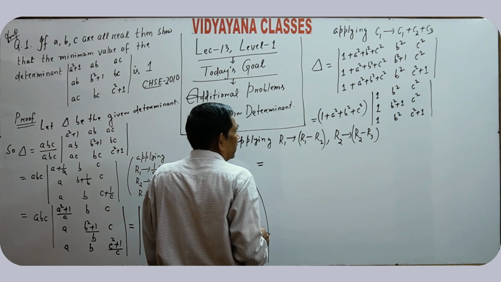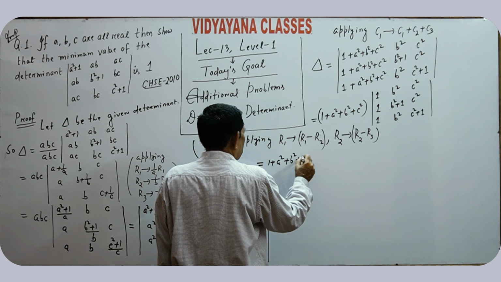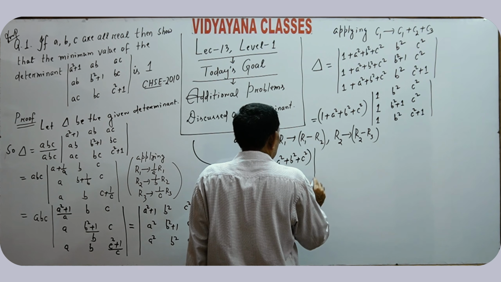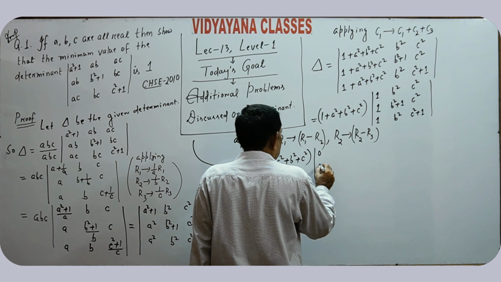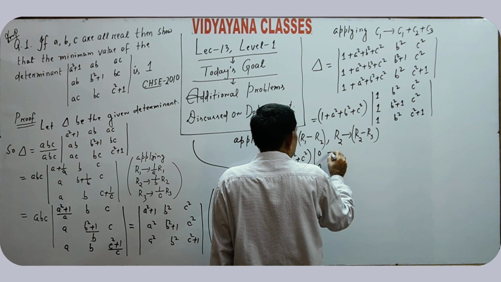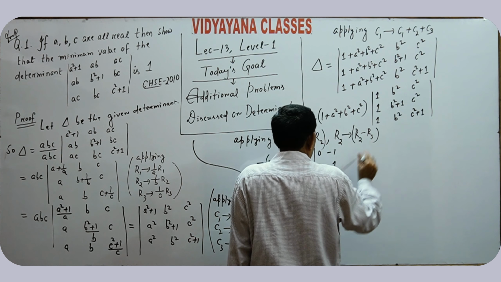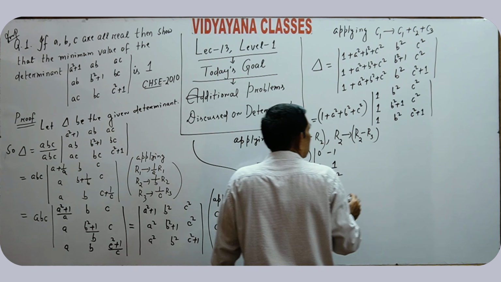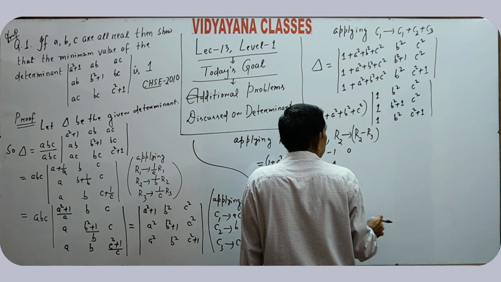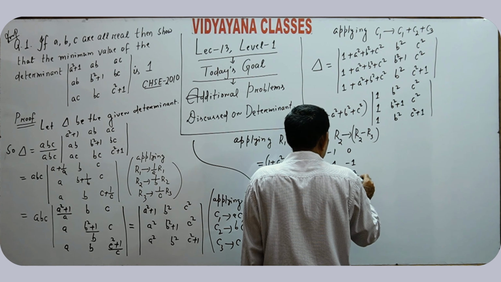The given determinant del will be 1 plus a square plus b square plus c square times the determinant with entries 0, 0, 1; b square minus b square plus 1, that is minus 1; b square plus 1 minus b square, that is 1; 0, c square minus c square plus 1, that is minus 1; c square plus 1.